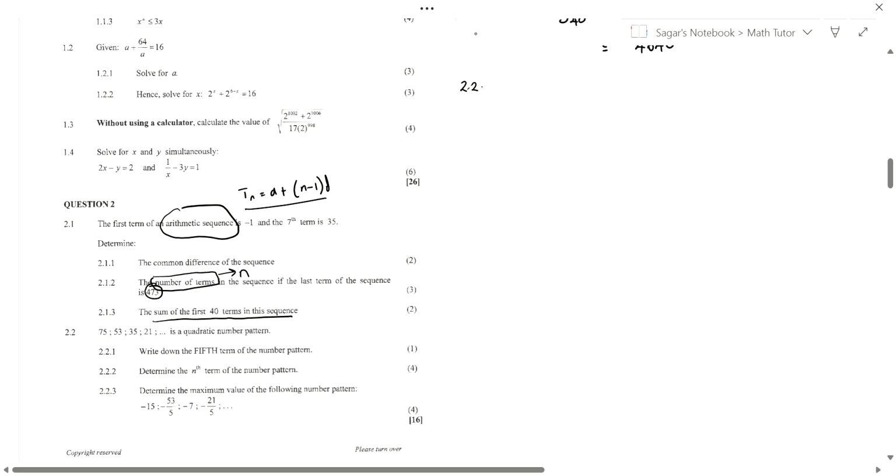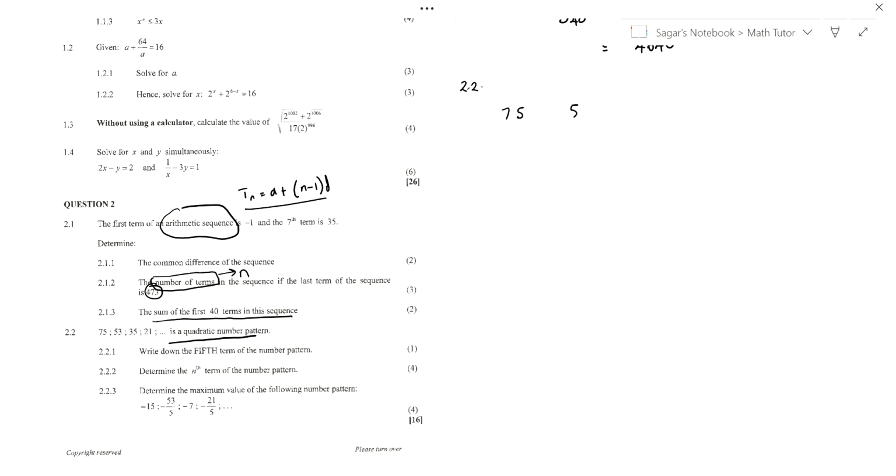So 2.2. We know it's a quadratic pattern. So immediately we know we have to write down that sequence again and find the first difference, which will be minus 22.